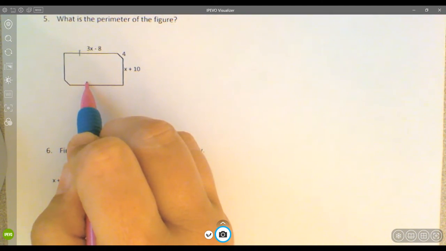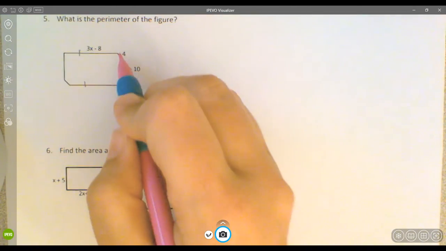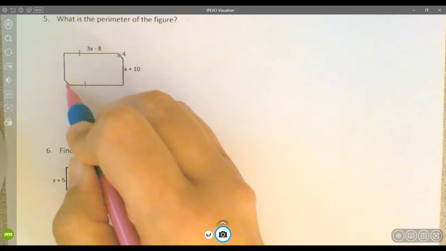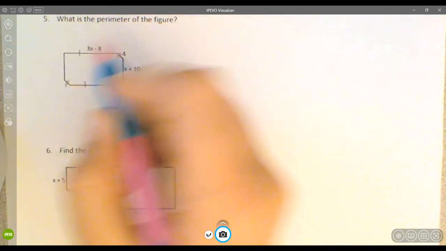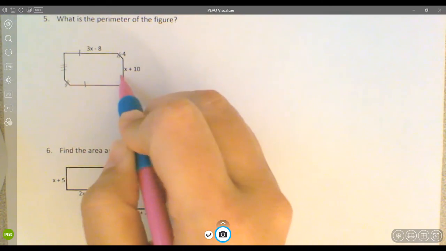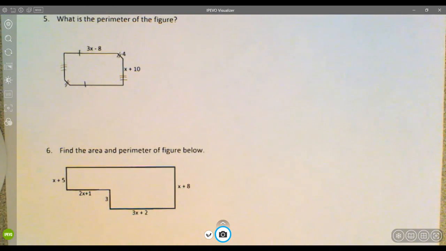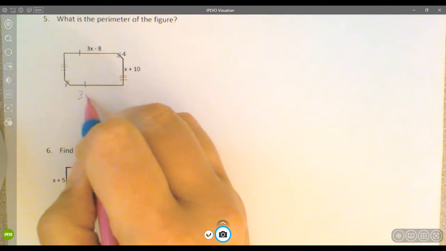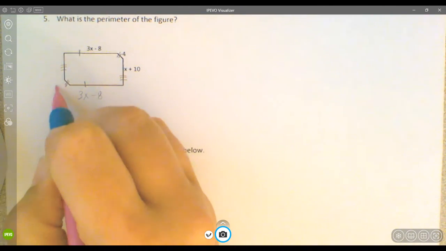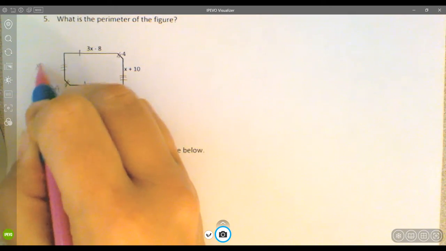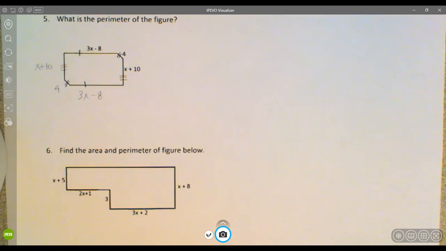I'm guessing that these two are the same length, these two are the same length, and then these two are the same length. So I'm going to write this in, 3x minus 8. This is going to be 4. This is going to be x plus 10.